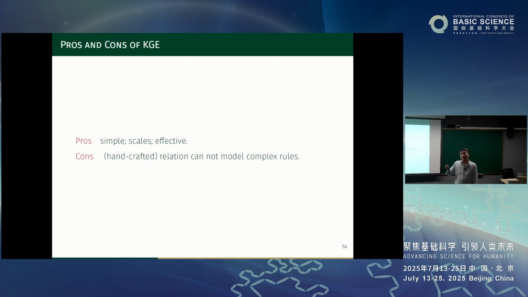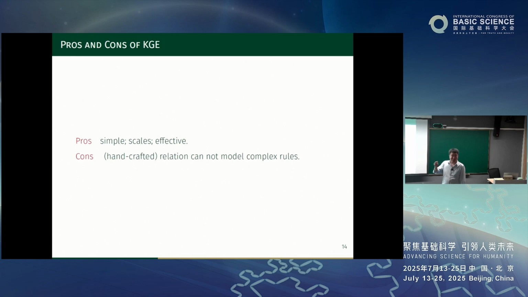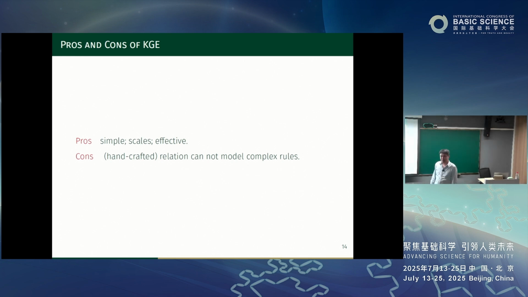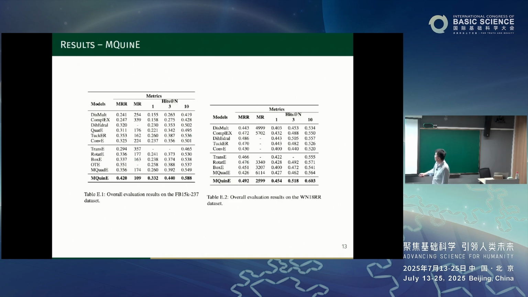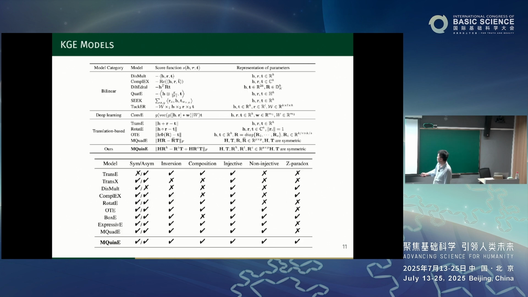People try to say, oh, a relation is an unknown function. They try to use neural nets to model the relation. But if you do it that way, the relation patterns cannot be guaranteed theoretically, right?